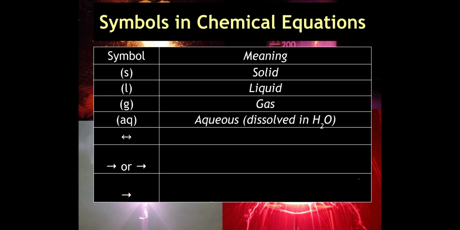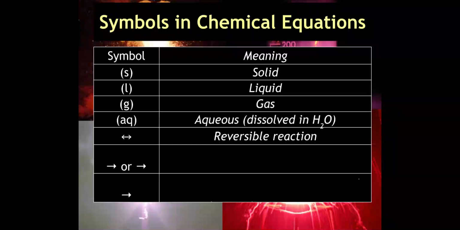That's what aqueous means. If you see an arrow going in both directions, that means that it's a reversible reaction. So those reactants can make the products, and you can swap places. The stuff on the right side of the arrow can make the stuff on the left side of the arrow. That's if it's reversible.